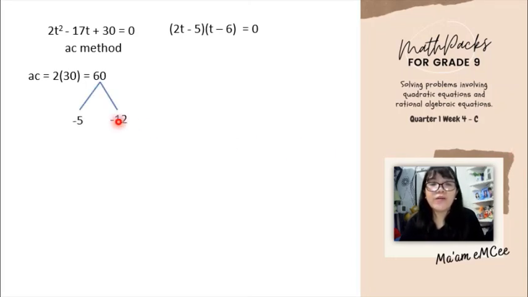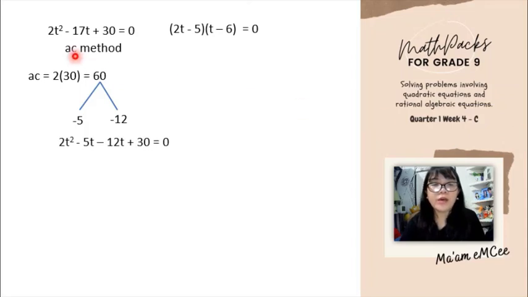Now after getting those numbers, we will be rewriting our original equation in such a way that negative 17t will be split. Kumbaga, we will write negative 17t as the sum of negative 5t and negative 12t.